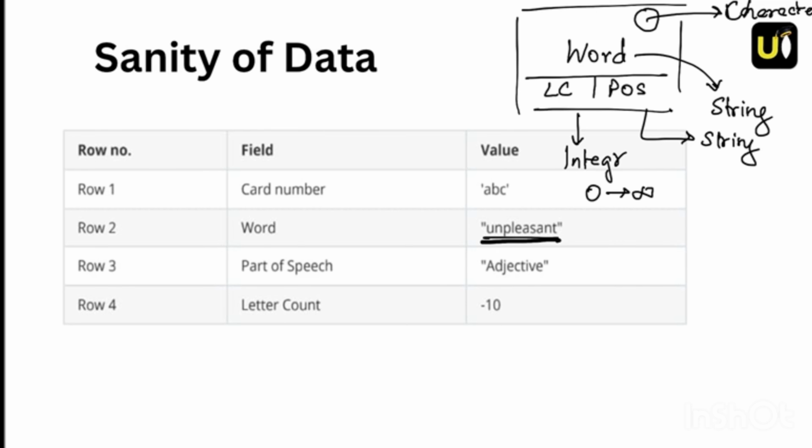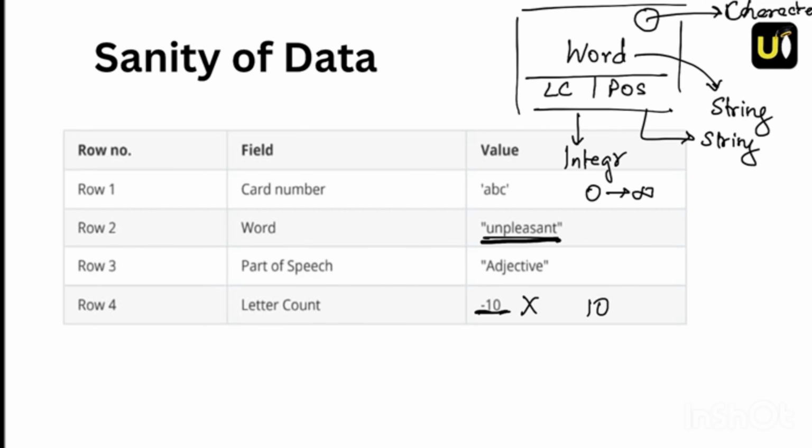So for sanity of data, we have to check if all the data is the way it's supposed to be. So count is not supposed to be negative. Here the sanity of data is not maintained because this count is negative. The letter count could be 10 but not negative 10.